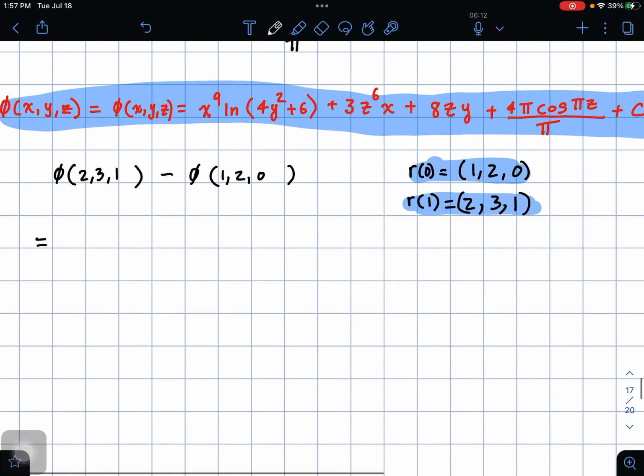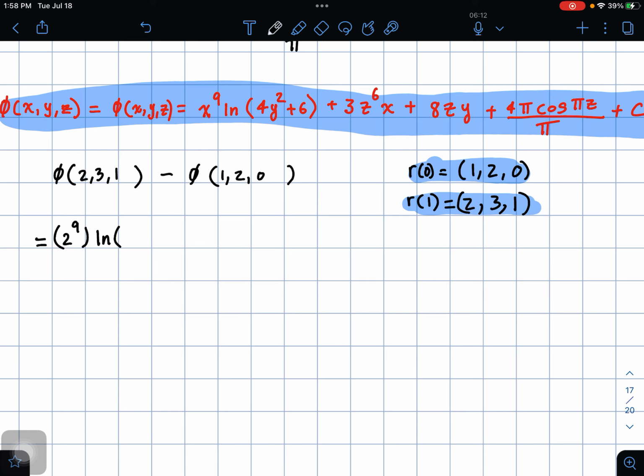Let's do this step by step. Our x to the 9 is 2 to the 9. ln of 4, y was 3, so 3 squared is 9, 9 times 4 is 36, 36 plus 6 is 42, so ln of 42.